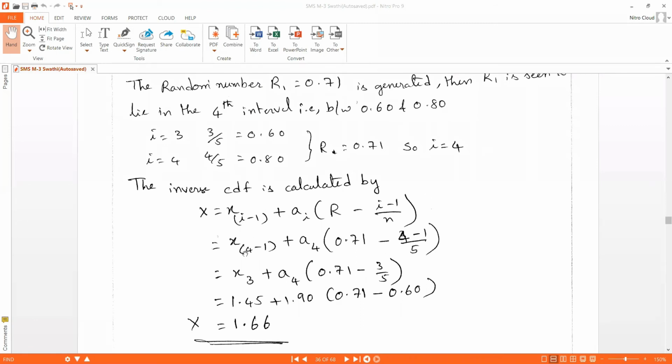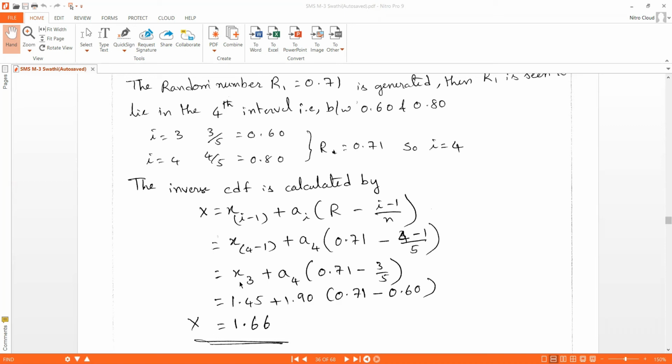We need to substitute i value 4 here, that is x4 minus 1 plus a4 into r value 0.71 minus i value 4, so 4 minus 1, divided by the n value 5. Substituting the i value, r value and n value, 4 minus 1 is 3, so it is x3 plus a4 into 0.71 minus 3 by 5.